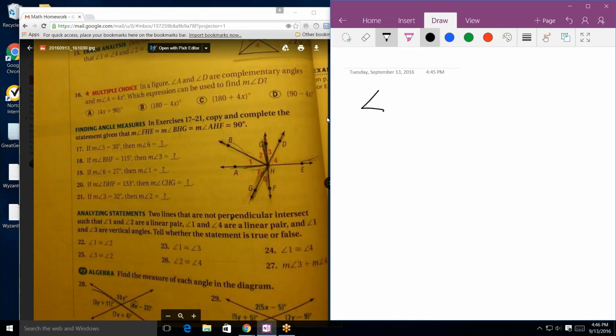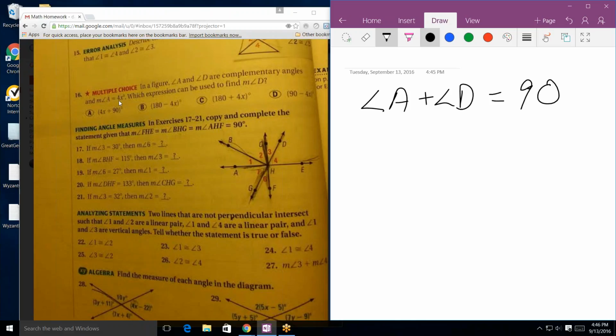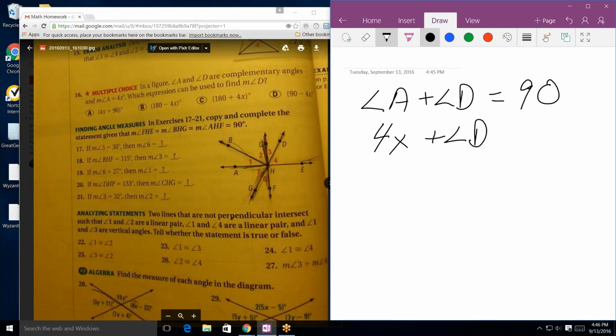So I'm going to say angle A plus angle D. They're complementary, which means they equal 90 degrees. And I know that angle A is equal to 4x. So I can substitute: 4x plus angle D equals 90 degrees.